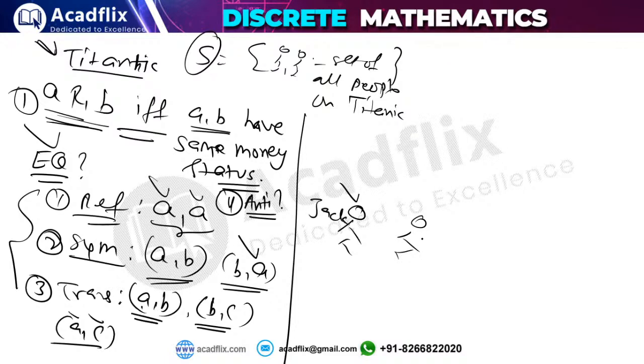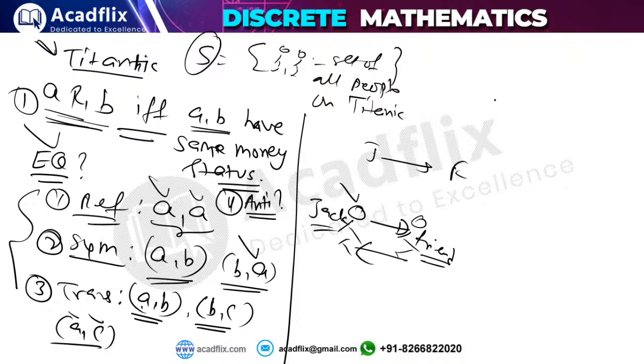Both are different people, different elements. Jack is related to his friend, because both have the same money status. But his friend is also related to Jack because both have the same money status. So you can see this R1 is not an anti-symmetric relation.